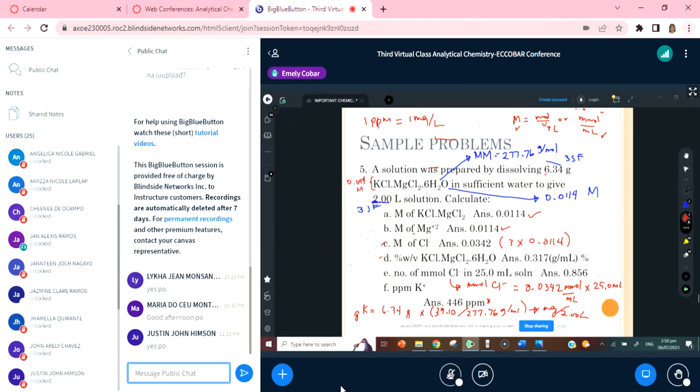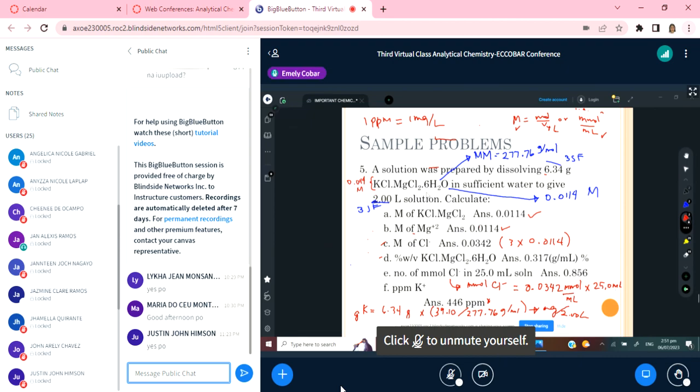Okay, now, tingnan natin. KCl, MgCl2 hexahydrate. Sa letter A, ang tinatanong lang is molarity of KCl, MgCl2. If we have 1 mole of KCl, MgCl2, 6 water, how many KCl, MgCl2 are there here? Di ba isa lang? Tingnan nyo, itong formula na to, KCl, MgCl2, 6 water.